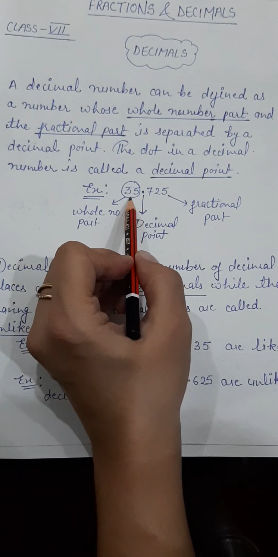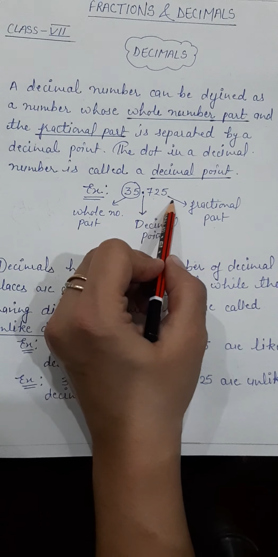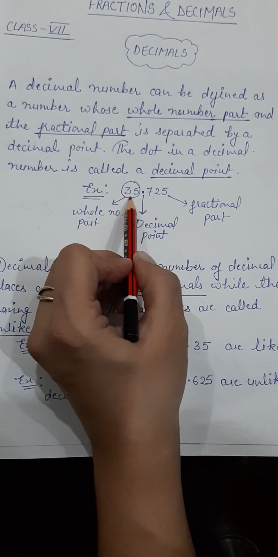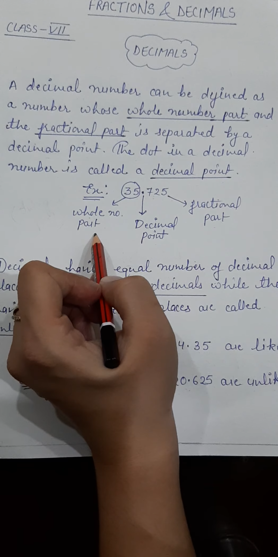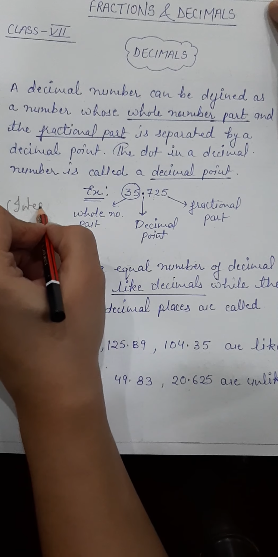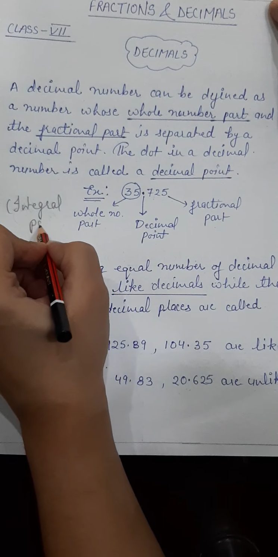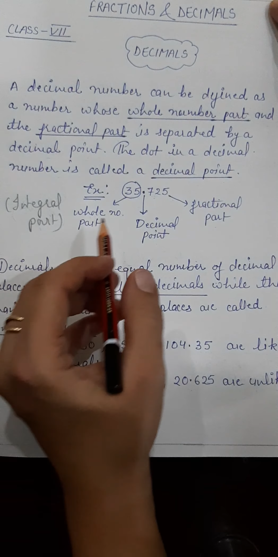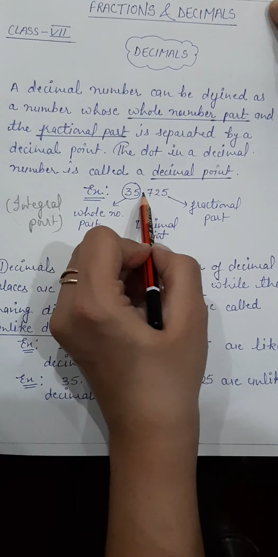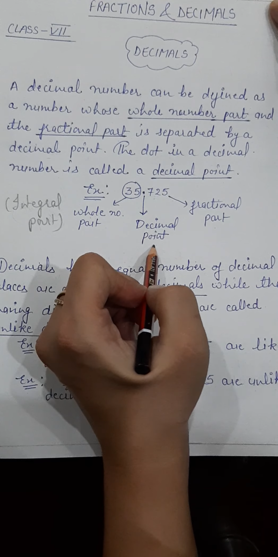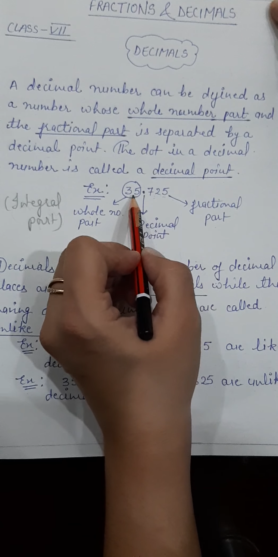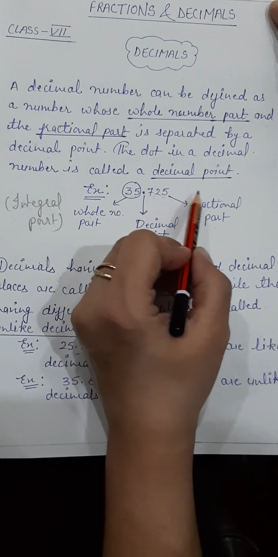For example, 35.725. In that case, this 35 is called the whole part, or you can say the integral part. Clear? And this dot is called the decimal point, and this decimal point divides the number into whole part and fractional part.